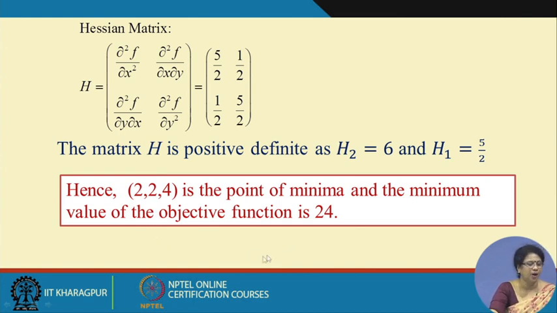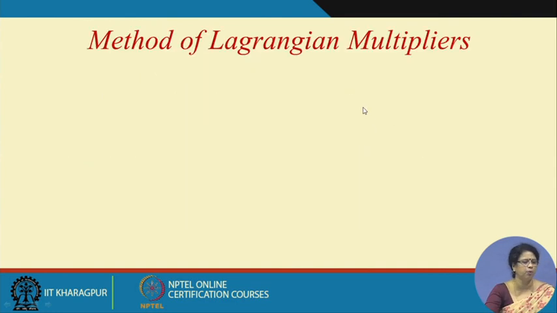Now, similarly, we can search for the maximum value, if at all it exists. This is the simple method of direct substitution, but there is another very popular method, called the method of Lagrange multiplier.